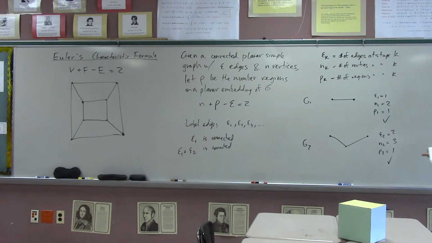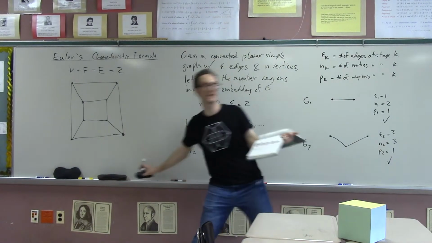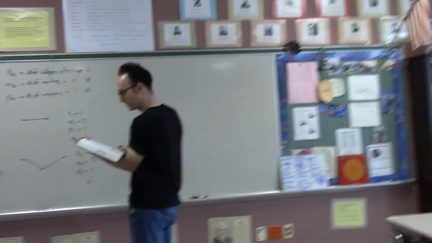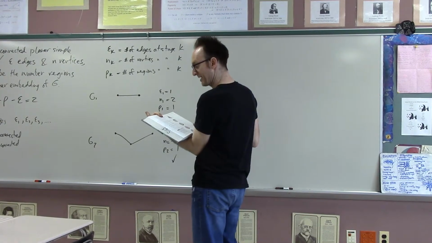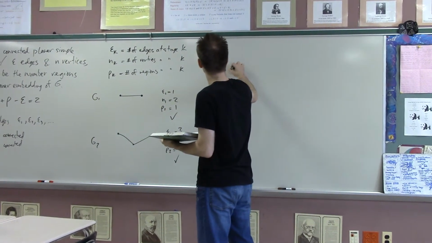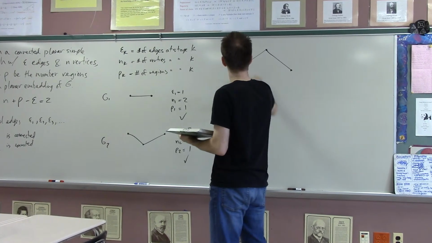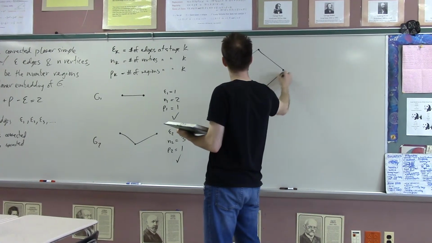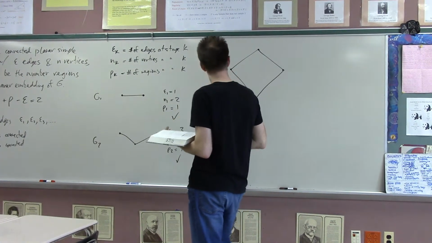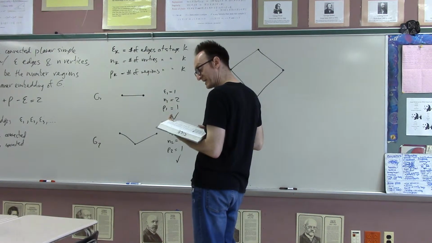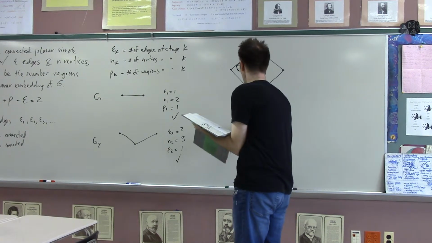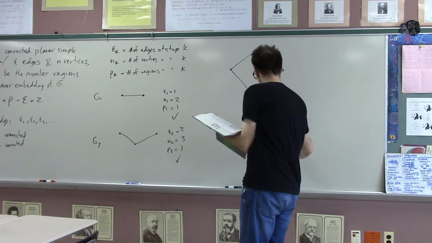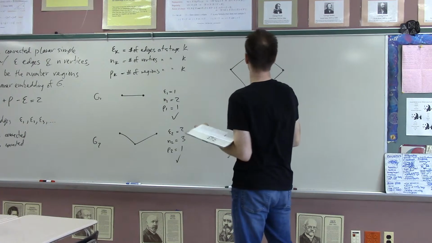So suppose we have a graph G sub k, or we start with G sub k minus 1. There are two cases, and we're just going to do them both before the bell rings. There's a case in which we add another vertex, and there's the case in which we don't add another vertex, but merely connect two vertices that already exist.